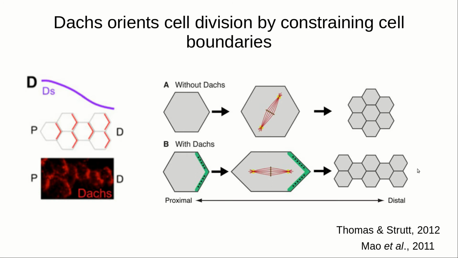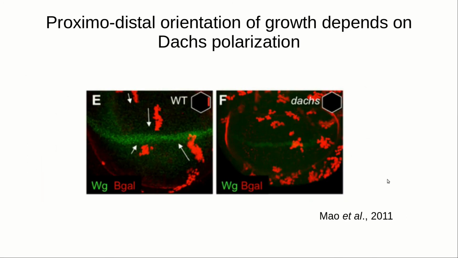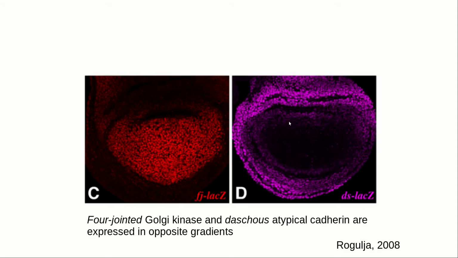So this results in elongated clones. As you can see, in a Dachs mutant, the clones have this random shape, whereas in a wild type, clones have this long shape. So that is required for this orientation of cell division.